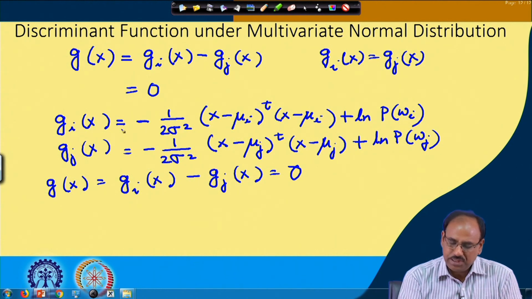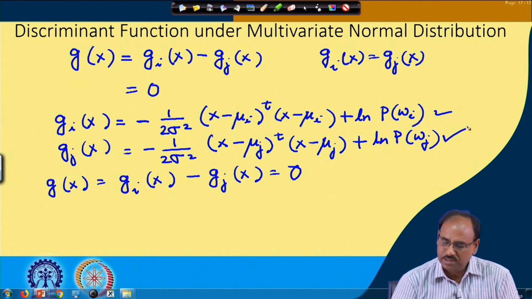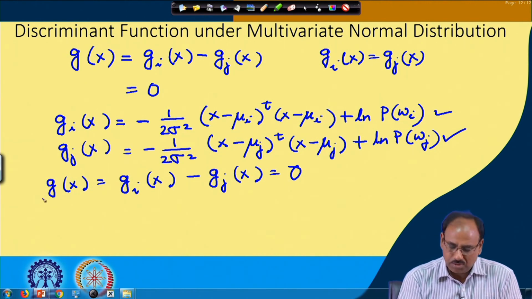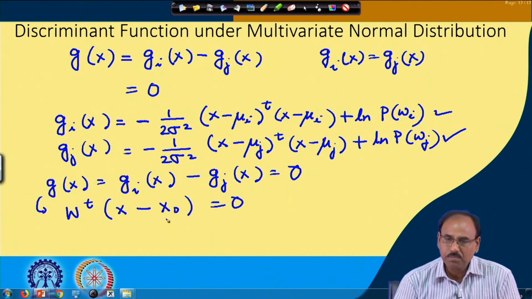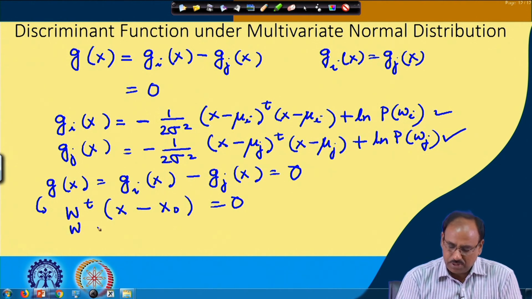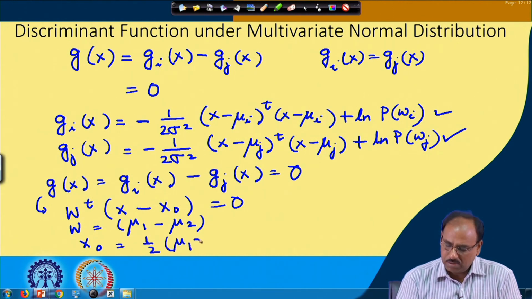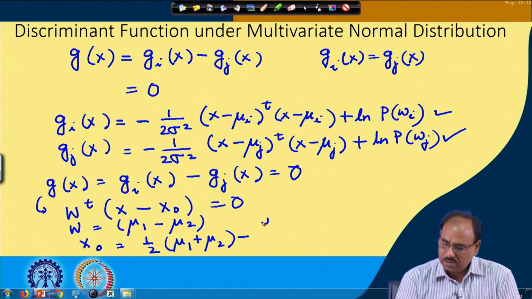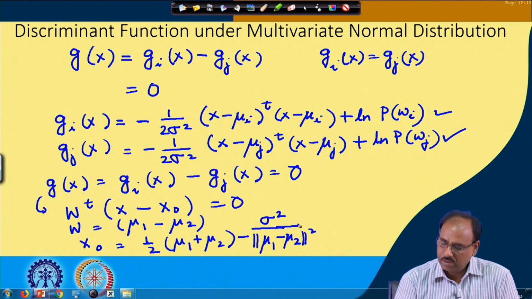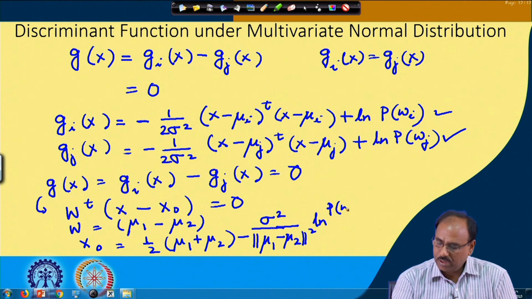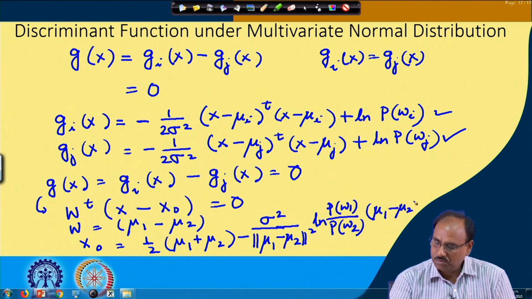then you will find that by putting this expression for g_i(x) and this expression for g_j(x), the equation g(x) = 0 takes the form w^T (x - x_0) = 0, where w is nothing but μ_1 - μ_2, and x_0 is half of (μ_1 + μ_2) minus σ² upon the square of the norm of (μ_1 - μ_2), into log of P(ω_1) upon P(ω_2), into (μ_1 - μ_2).